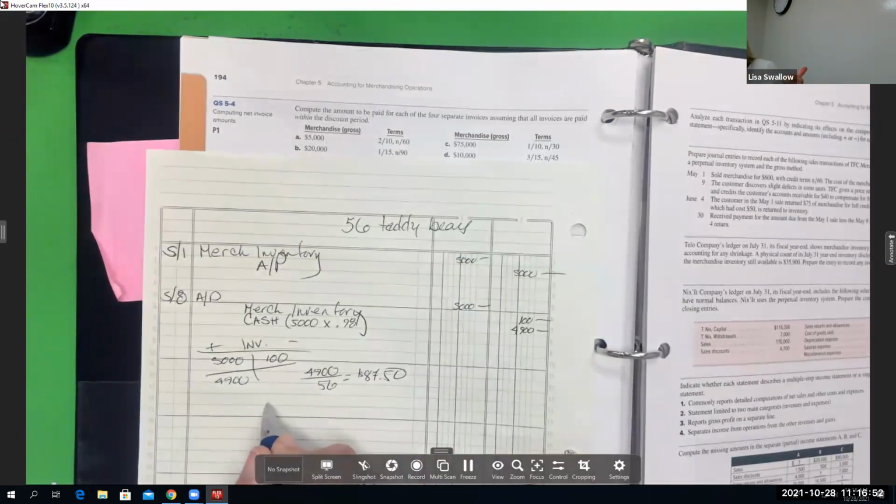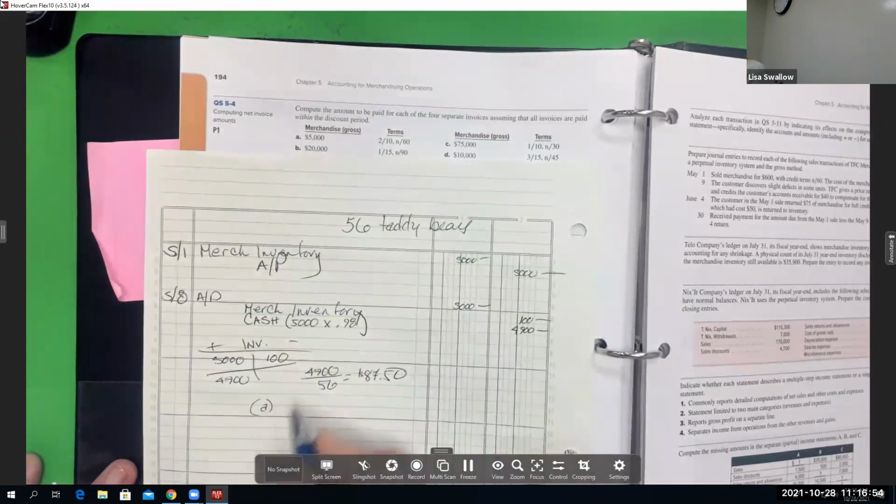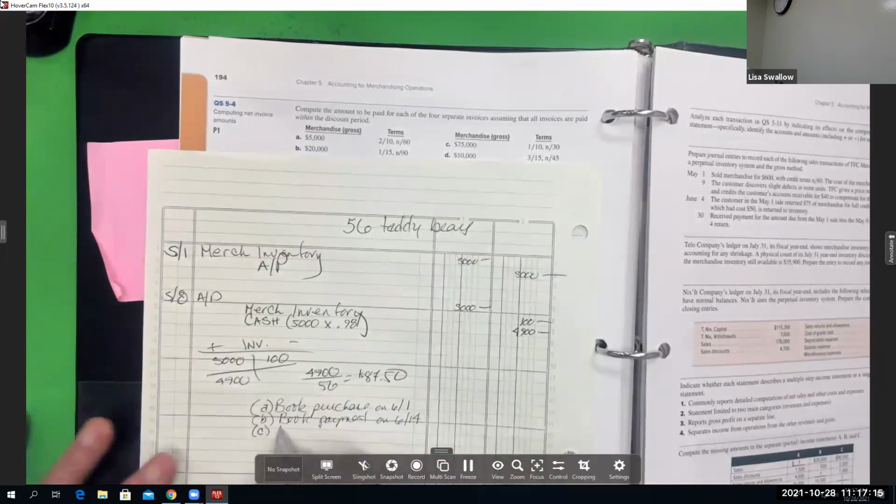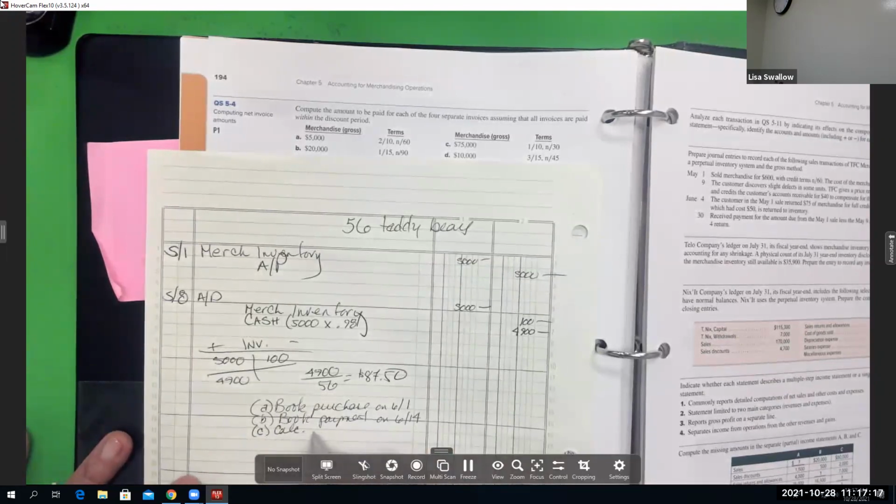So I want you to do three things actually. Book the purchase on 6/1. Book the payment on 6/14. Calculate the basis.